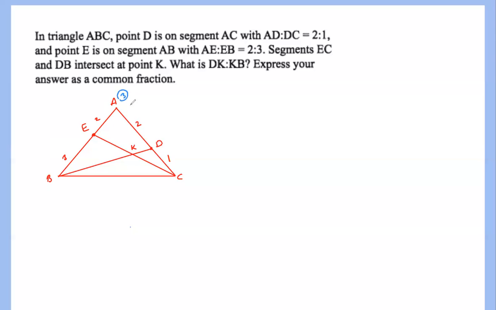So let's say this mass is 3, and then the mass at point B will be 2, because 3 times 2 and 2 times 3 will be equal. And the same idea: 3 times this distance, which is 3 times 3 is 6, and then 1 times the mass right here should be the same. So that's why the mass at C is going to be 6.